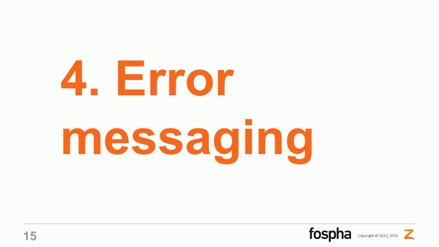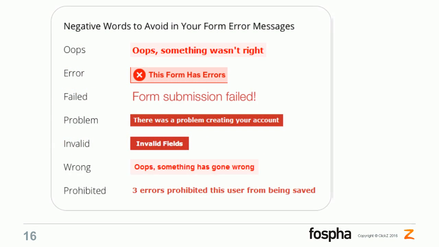For example, if I've forgotten to add my email address in the correct format, the site should highlight the field where the error occurred and tell me what I need to fix. Many messages are too generic and do too little to help, using language which seems to blame the user or only alert them that there has been an error. You can see some examples here.